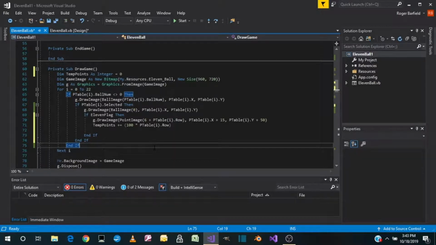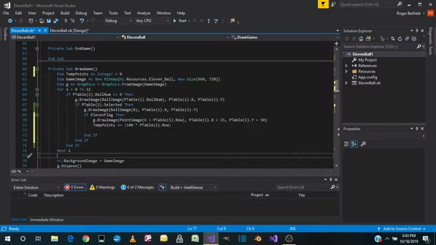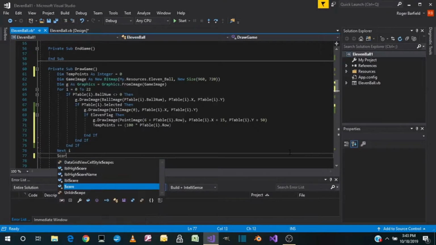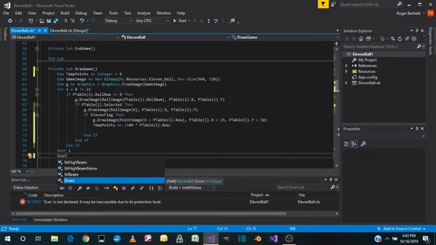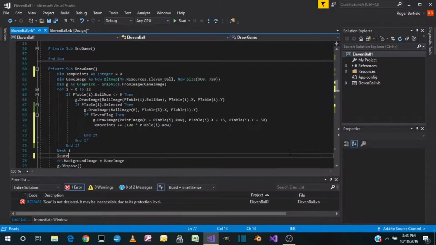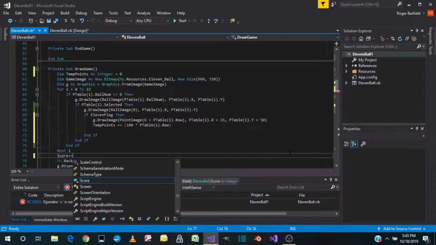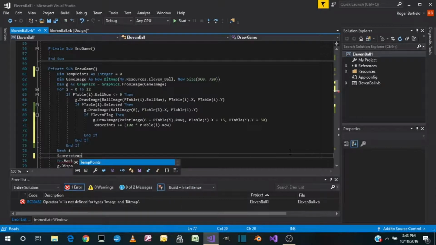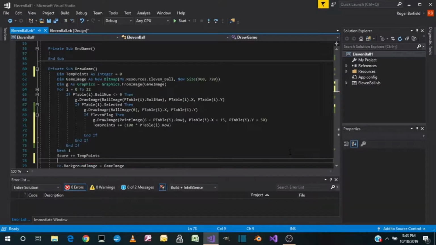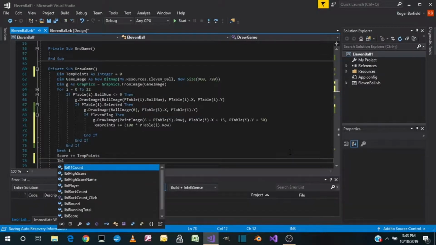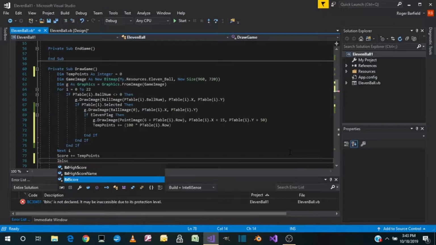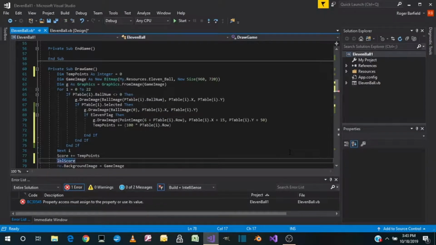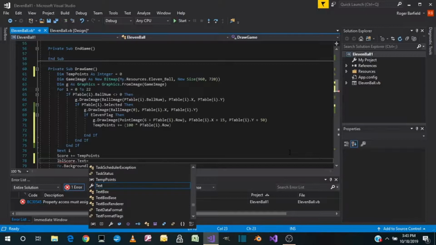So temp points is that, and we're finally going to say score plus equal temp points. And label score dot text equal score.